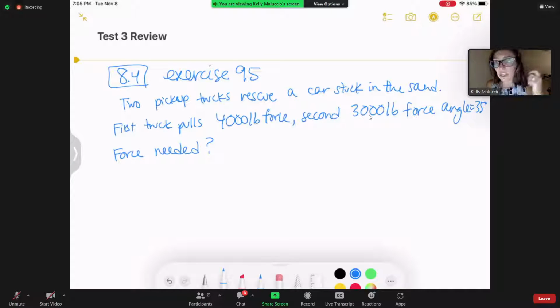The question is, how much force can the combined pull of the two trucks generate? I don't have the 50 degrees in my problem, but maybe mine was 35 and yours was 50. So, the combined force needed. What is that?